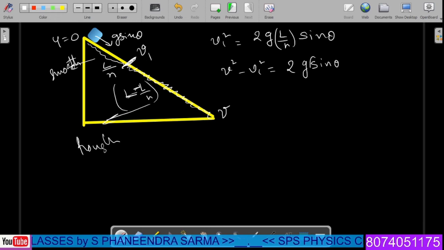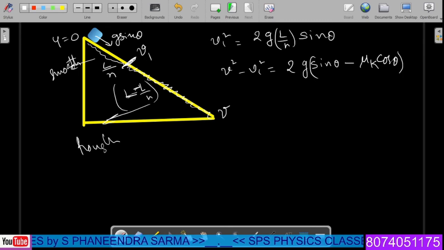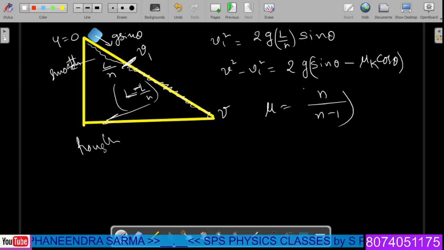So when the object is coming in the downward direction, friction force acts in the upward direction. Therefore, instead of g sin theta, we write the extra subtraction, mu k cos theta. Already we have this formula, and upon solving both cases, we have the value of mu equal to n by n minus 1 into tan theta.